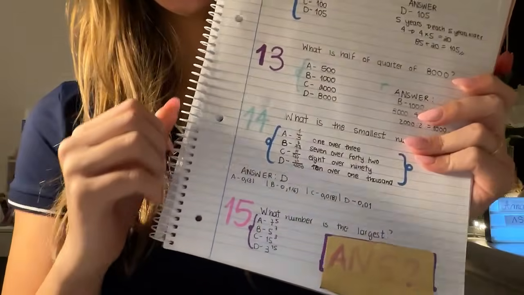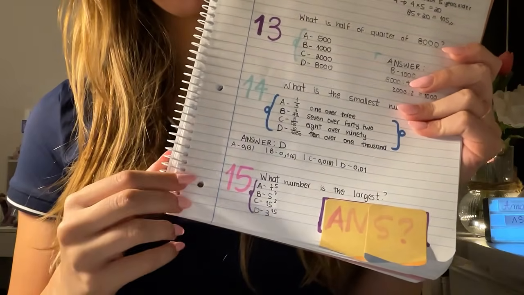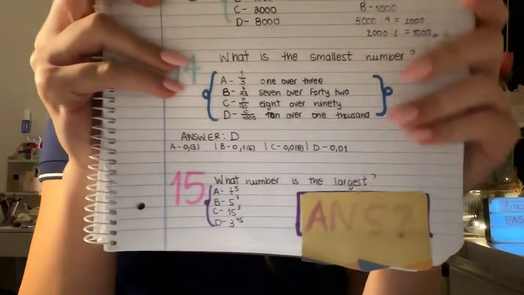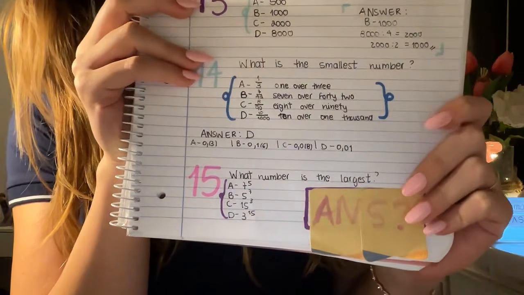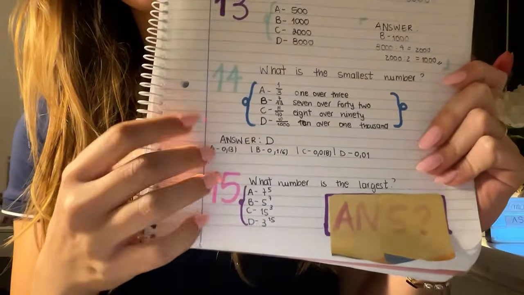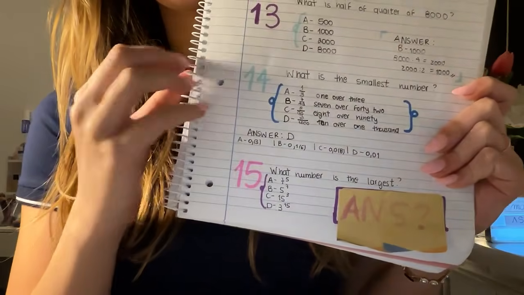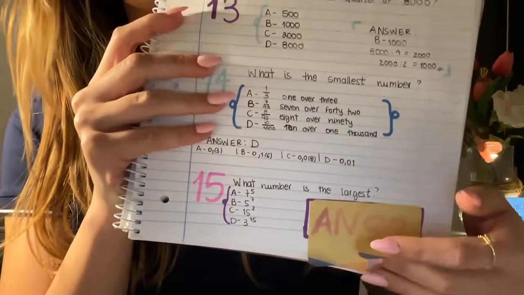So what do you think is the largest number out of these 4? A, B, C, or D? Okay, so let's check the answer.